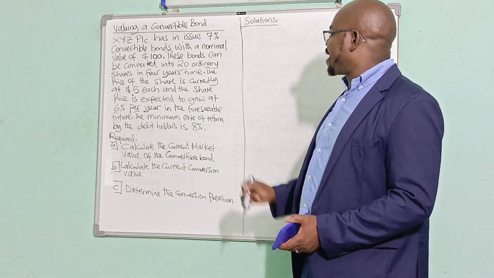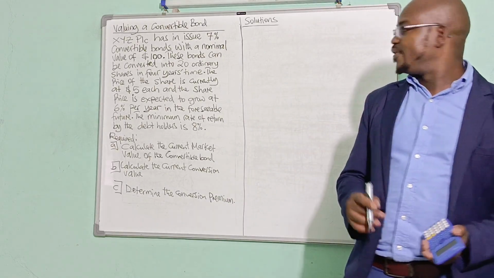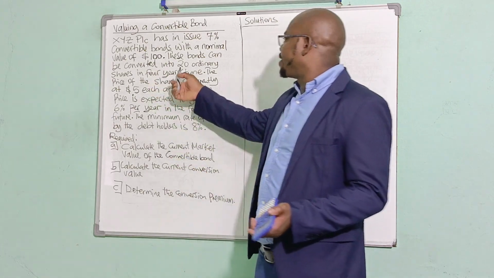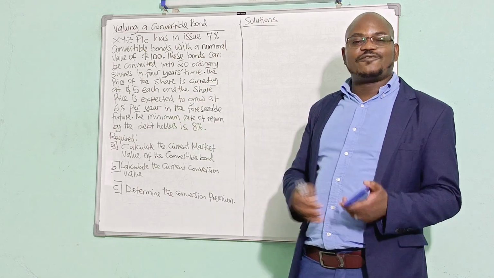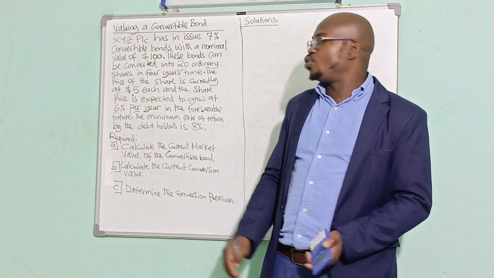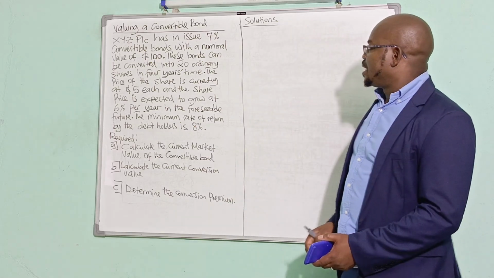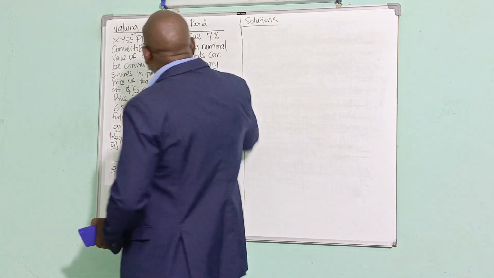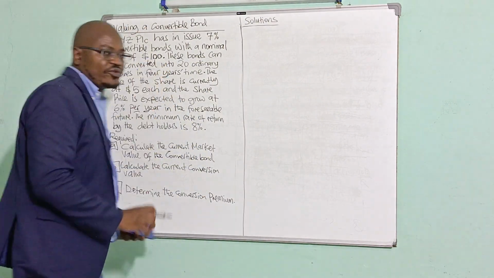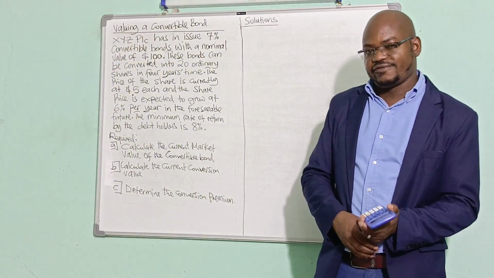If, for instance, I calculate the conversion value and I find it to be 95, then it wouldn't be attractive to convert into 20 shares, because the conversion value is 95. It's lower than the redemption value. So as a debt holder, I would rather redeem it at 100 than convert it into shares, which will give me a total value of 95.